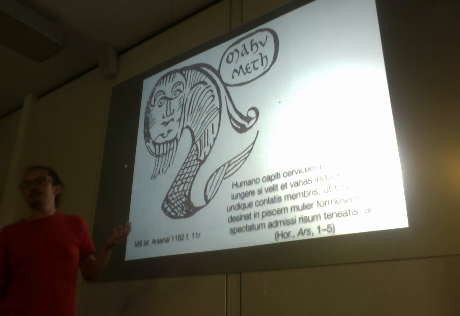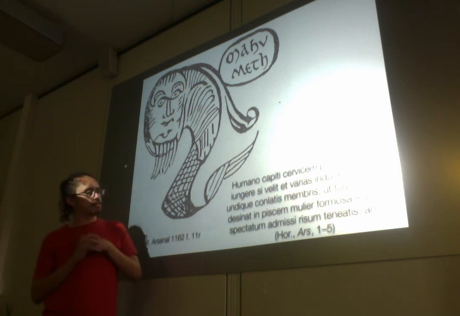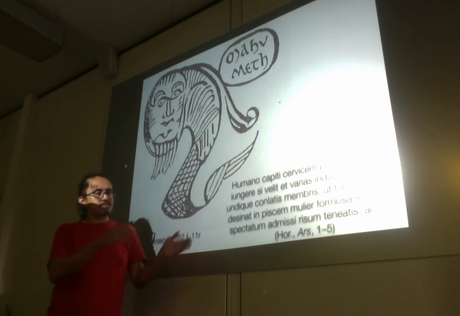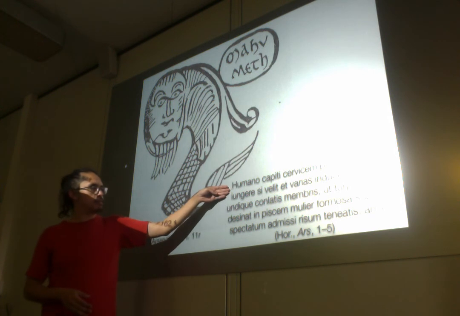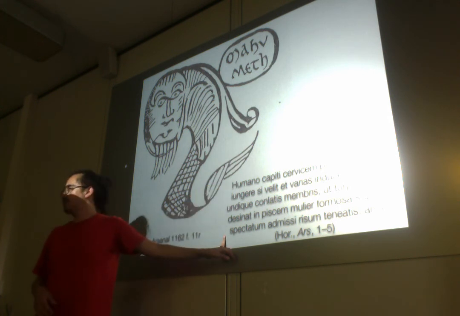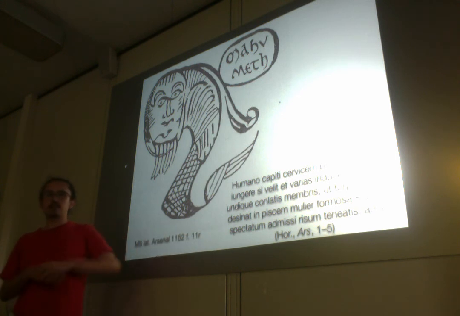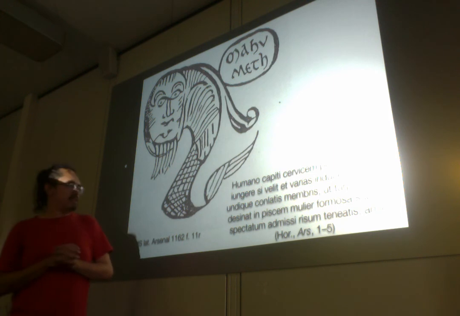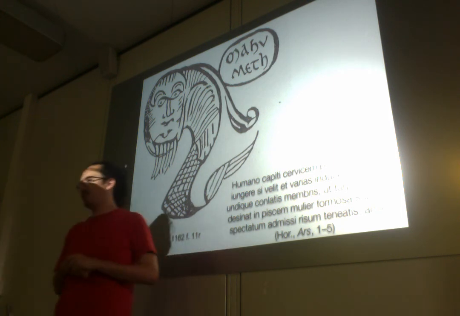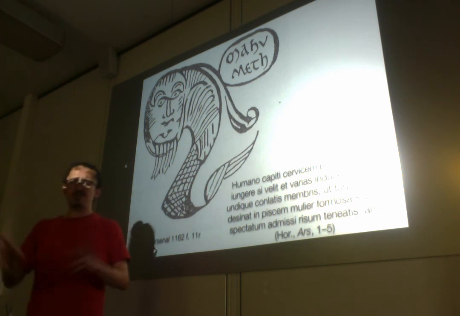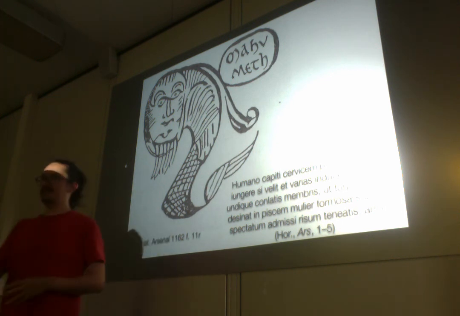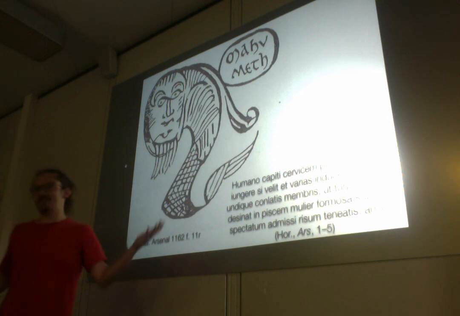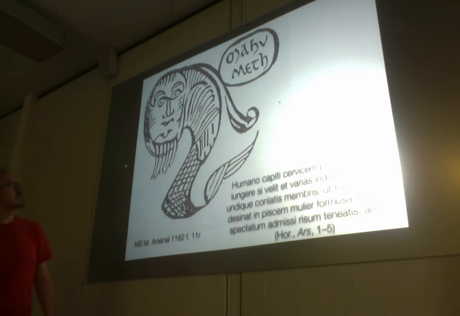And in a letter of his, Peter the Venerable reminds us of the first verses of the Ars Poetica by Horace, where he asks whether you would be able not to laugh at something monstrous, that has the head of a human but the tail of a fish, and I think you know this.